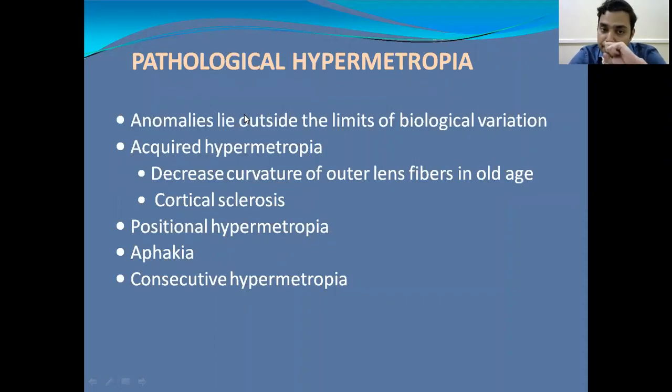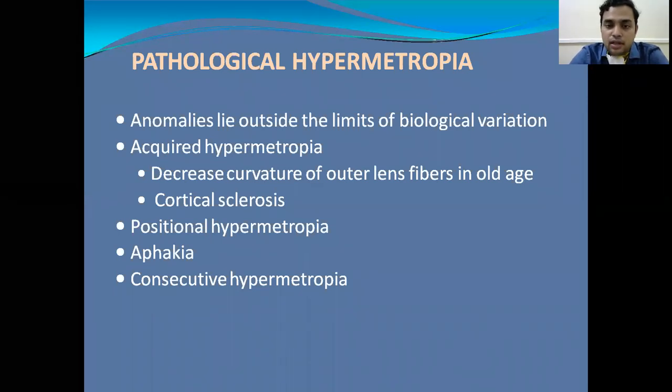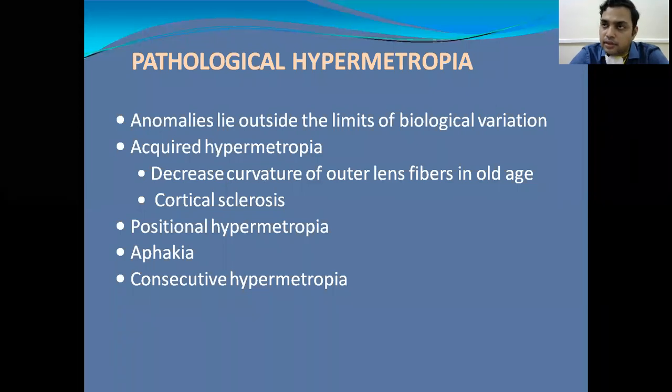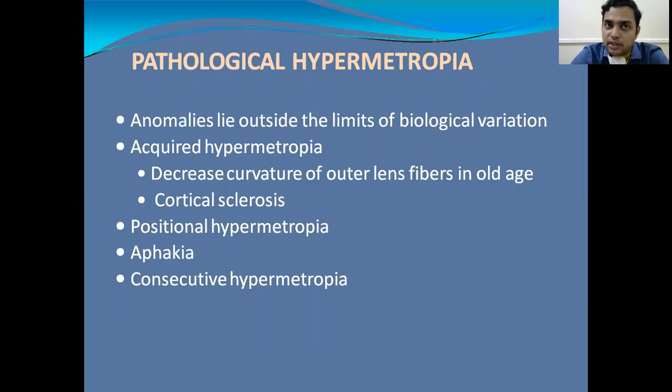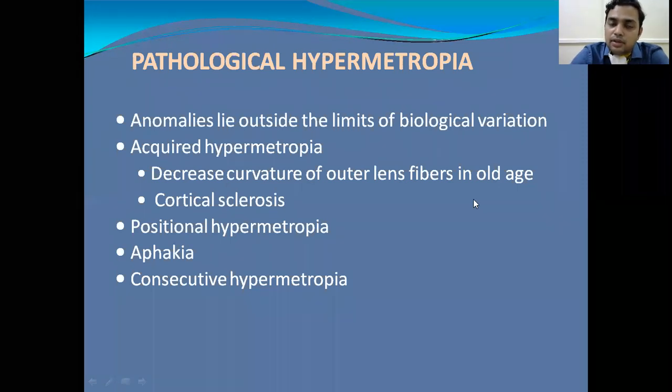Coming to pathological hypermetropia, here the anomaly lies outside the limits of the biological variation. That is, definitely there is a pathology involved. For suppose it is a curvature hypermetropia, the reason for the decreased curvature is the decrease in the curvature of the lens.